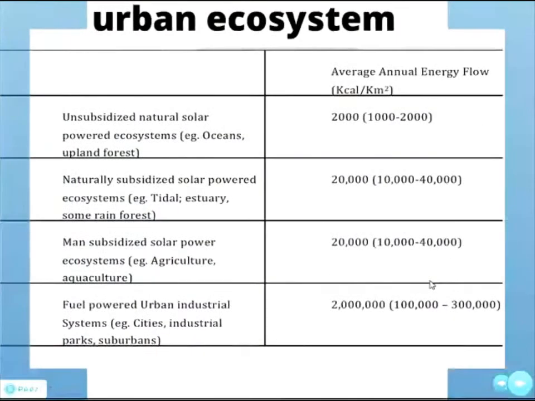All right. If we would like to compare some of the systems we have, you look at this: the unsubsidized natural solar system would consume something around 2,000 kilocalories per square kilometer.